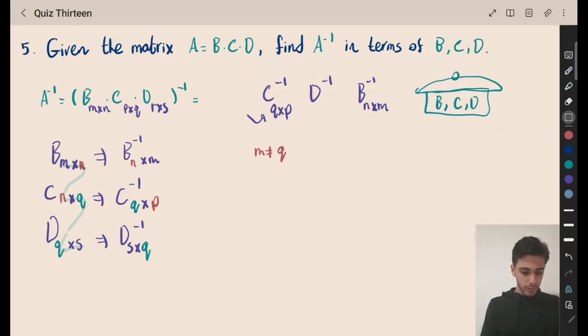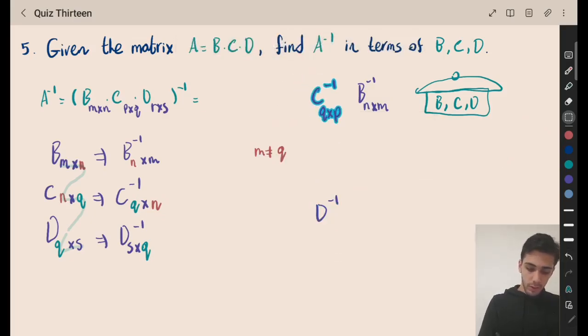But if we look at this, for example, Q times, well, why did I write P? It's not P, it's N. They're exactly the same. If I look at this product now, I can make sure that it is well defined.